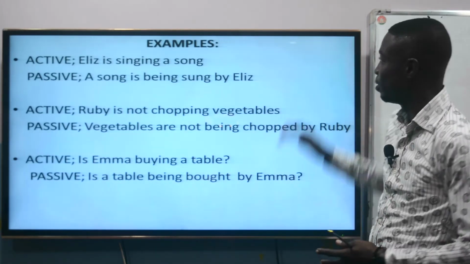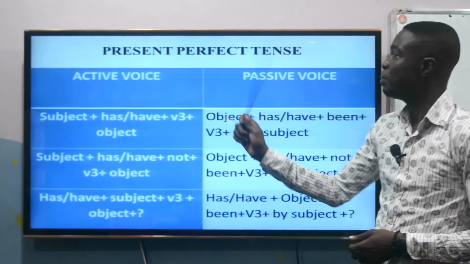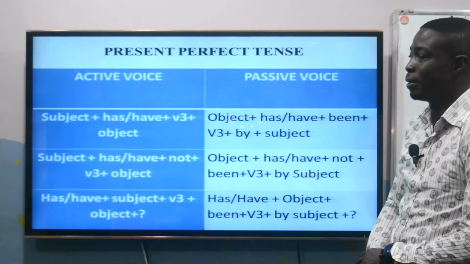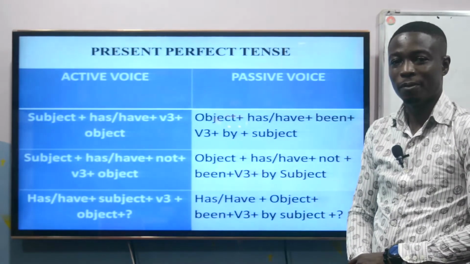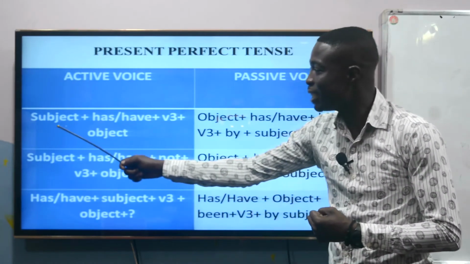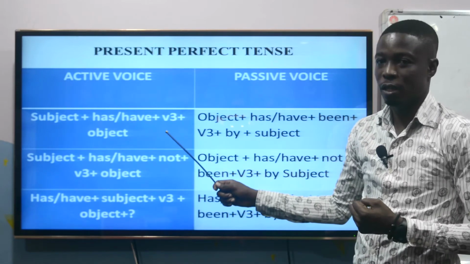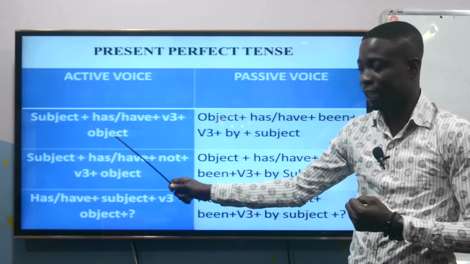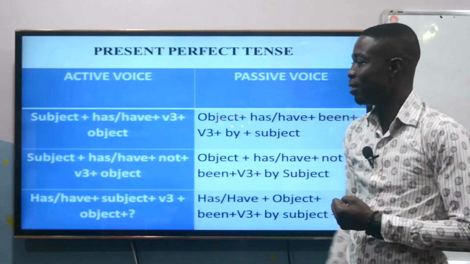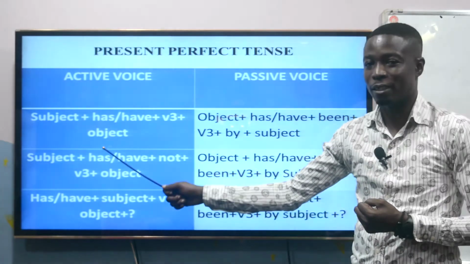All right. So, our next tense is the present perfect tense. In the positive statement, we will have the subject plus has or have plus V3 plus the object.